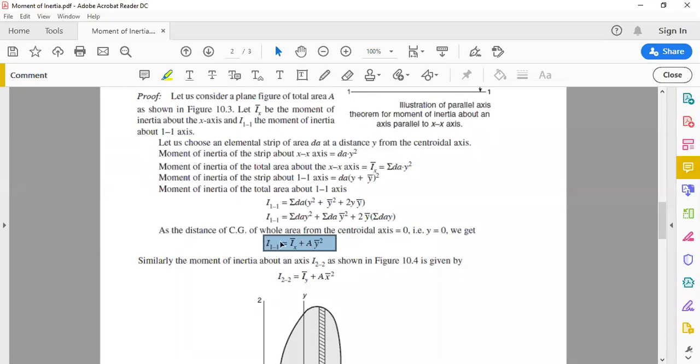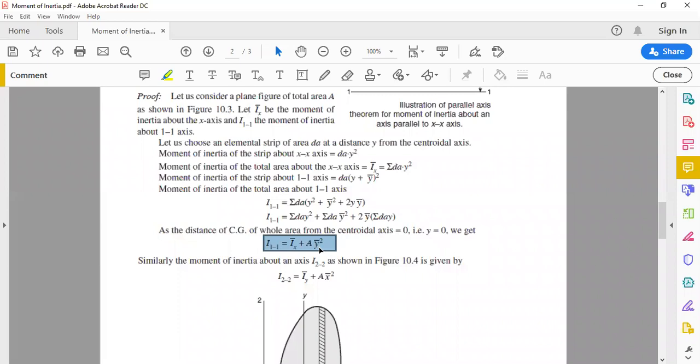So moment of inertia about an axis 1-1 is equal to the sum of moment of inertia about an axis parallel to it, and the product of area and the square of the distance between the two axes.